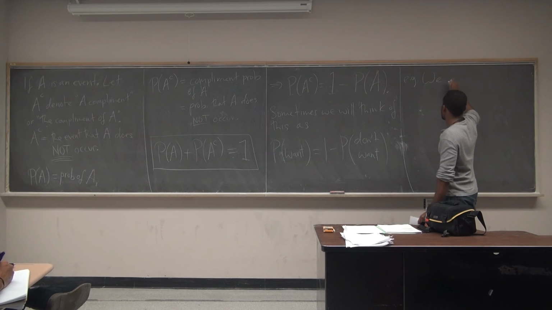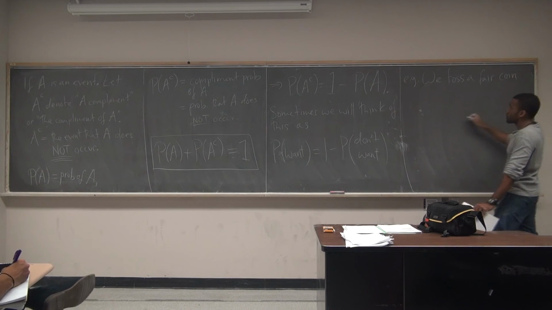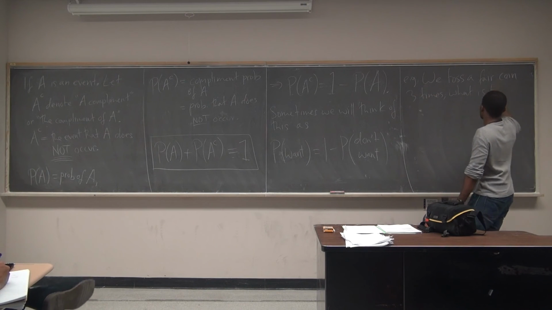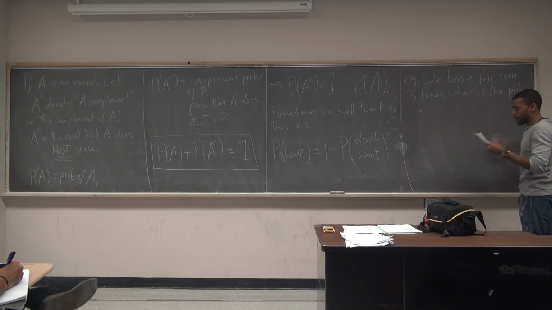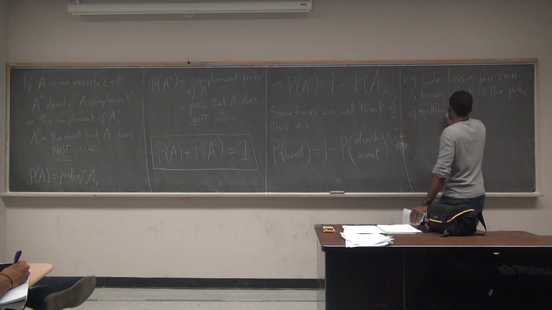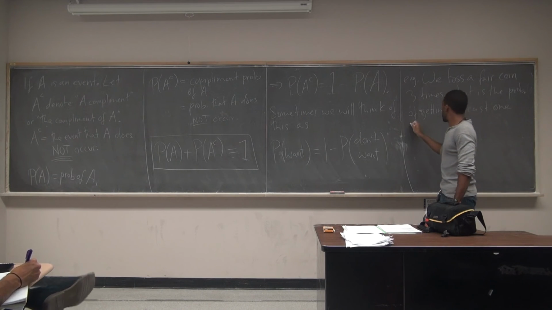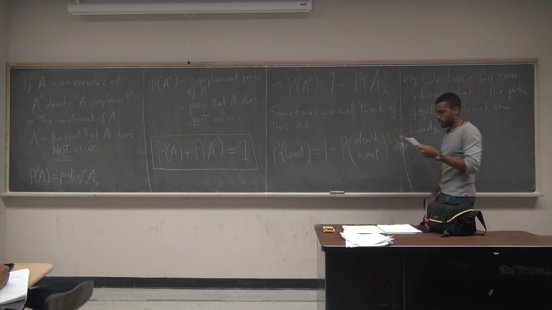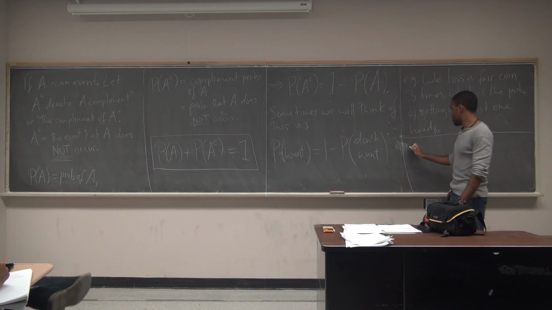Going back to another previous example, we toss a fair coin 3 times. What is the probability of getting at least one head?